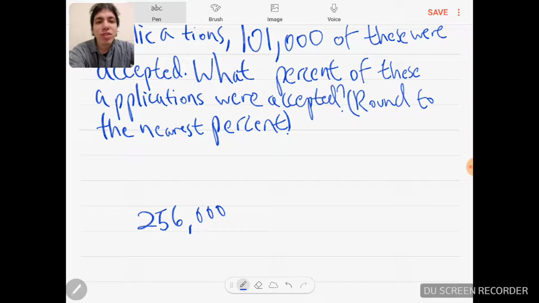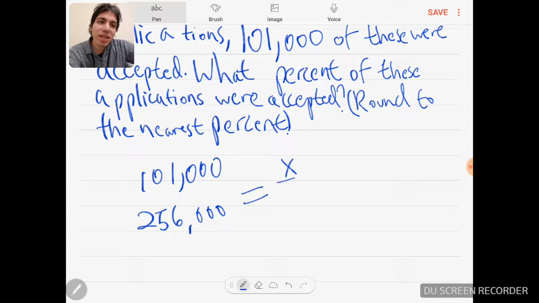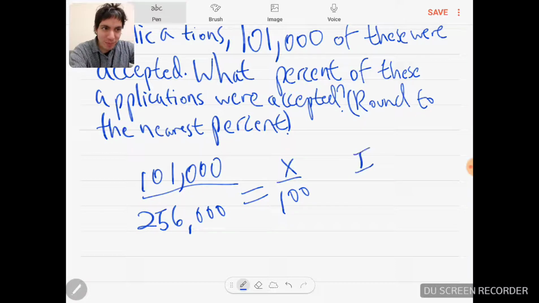And 101,000 of these applicants were accepted. The thing is, we don't know the percent of that. So if you can tell, this is an is over the of type of problem.